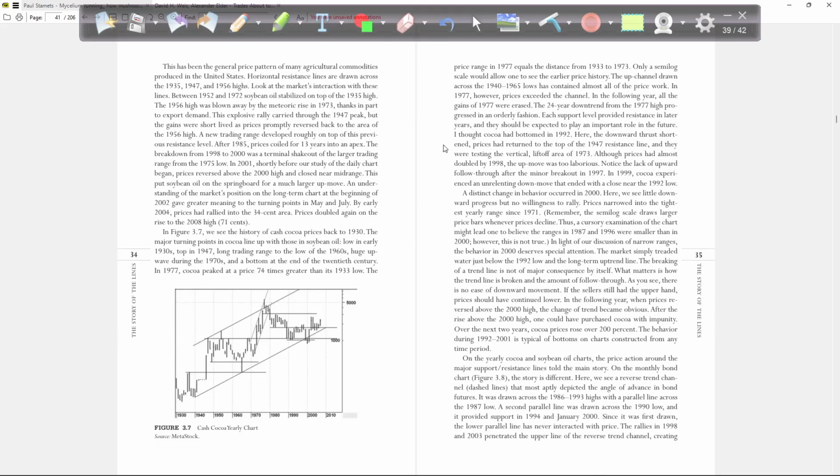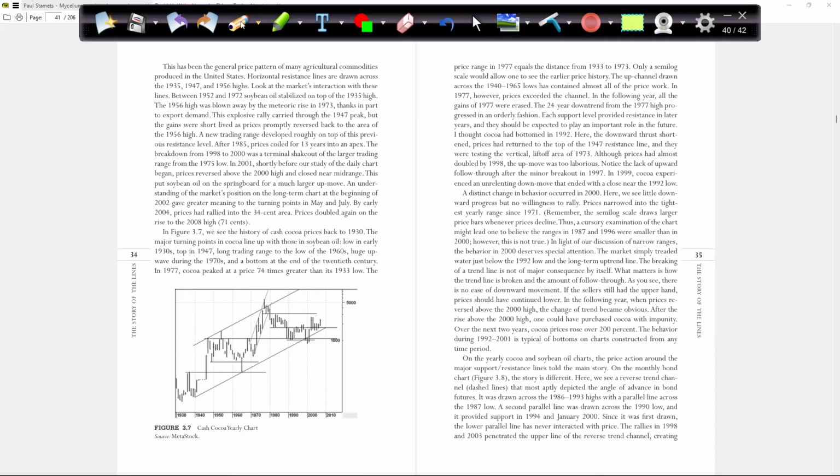The price range in 1977 equals the distance from 1933 to 1973. Only a semi-log scale would allow one to see the earlier price history. The up channel drawn across the 1940 to 1965 lows has spent almost all of the price.